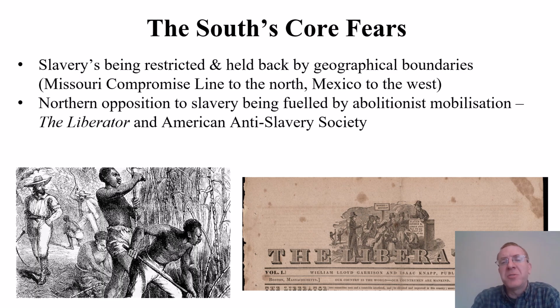The South also is noticing that abolitionist sentiment is growing in New England. The Liberator is the loudest voice of anti-slavery advocacy, but you've also got now a newly created American Anti-Slavery Society, AASS, and they are having meetings regularly to discuss what can be done to spread the idea of immediate emancipation.